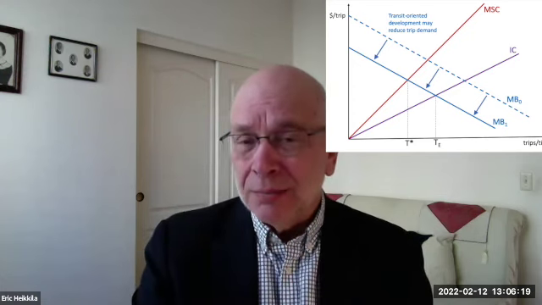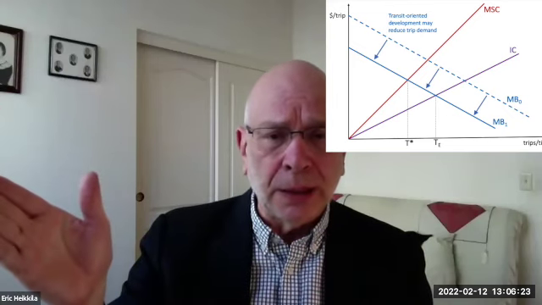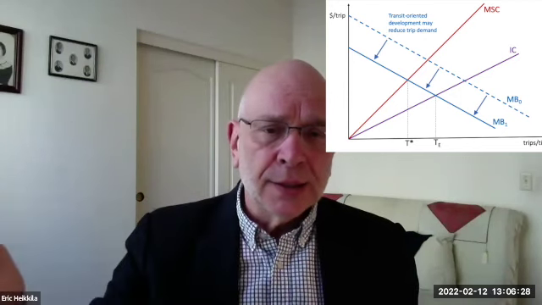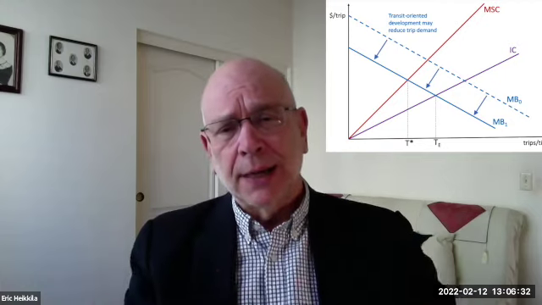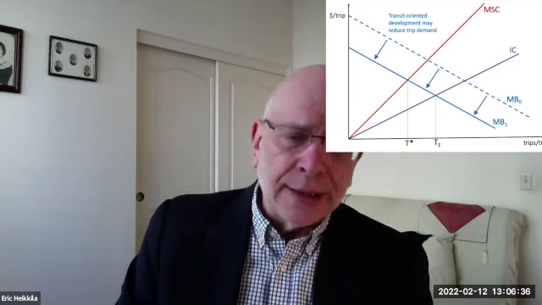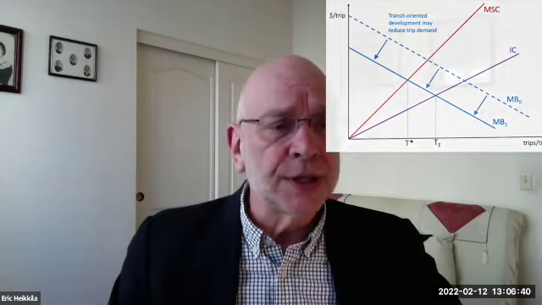If I don't need to get in the car and drive off from location A to location B, then the benefit of taking that trip is less than it otherwise would be. And so we get this downward shift of the marginal benefit curve, and that reduces the congestion pressure on this system.